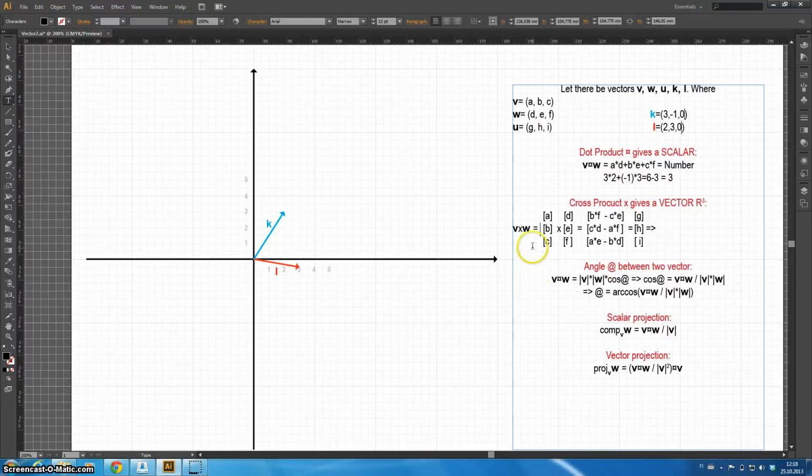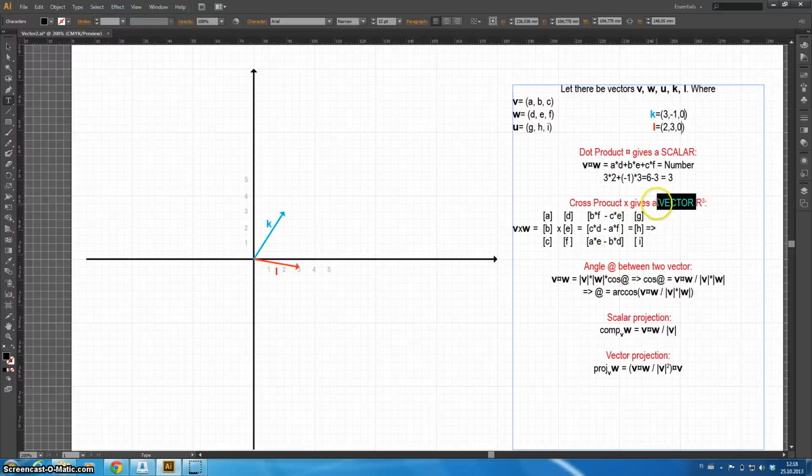There are 2 vectors which we cross product, so we make them a 3rd vector.